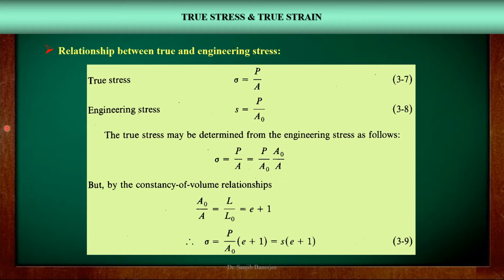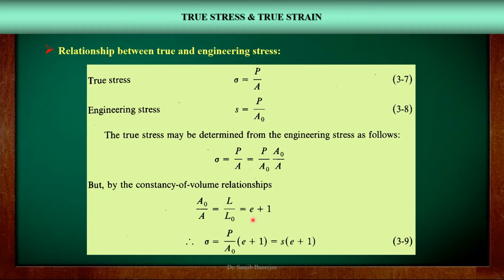Now, by the conservation of volume relationships, we already know that A0 by A is equal to L by L0 is equal to E plus 1, where E is the engineering strain.